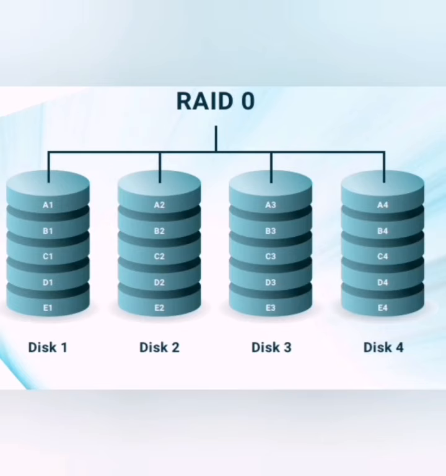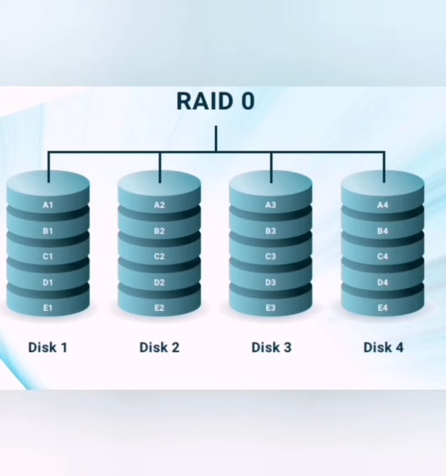RAID 0 is the only RAID that accepts one hard disk only, and it may also accept several hard disks. The rest of the RAID types require more than one hard disk, as we will see. RAID 0 is used to speed up the process of writing data on the hard disks.